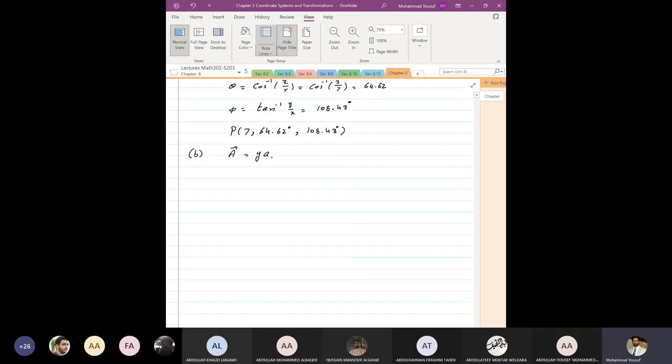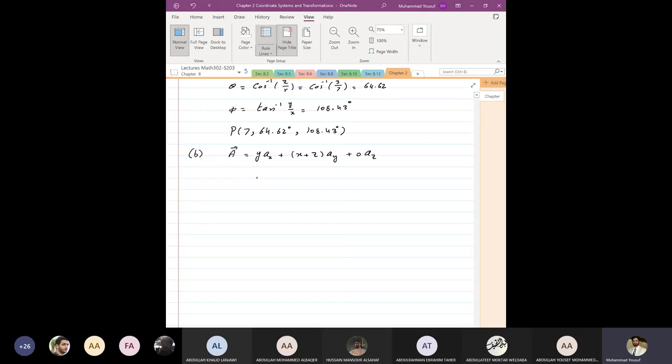And that vector is y a sub x plus x plus z a sub y plus 0 a sub z. So this vector is in the xy plane because the z component is 0.